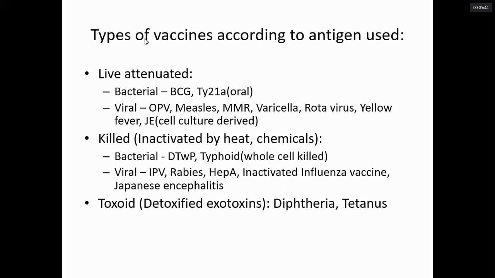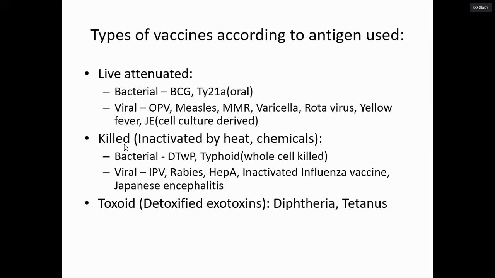So this is important. What are the types of vaccines? BCG vaccine is live attenuated. Which are the live attenuated vaccines? BCG, oral typhoid, OPV, oral polio vaccine, measles, MMR, varicella, rotavirus, yellow fever, Japanese encephalitis, cell culture derived Japanese encephalitis vaccine.